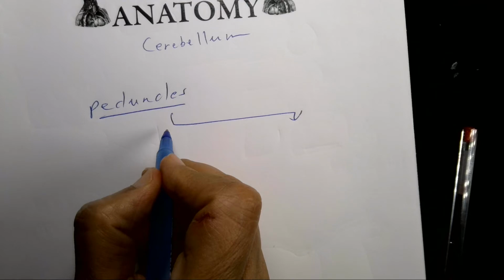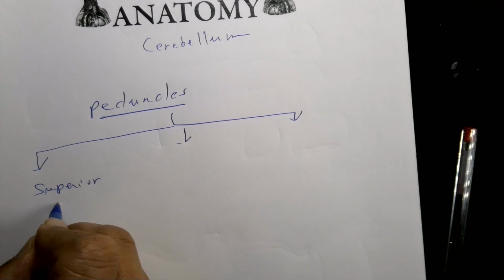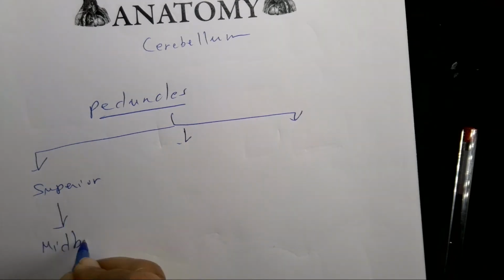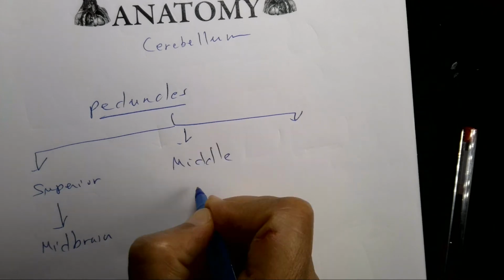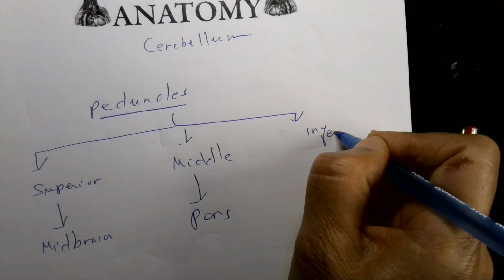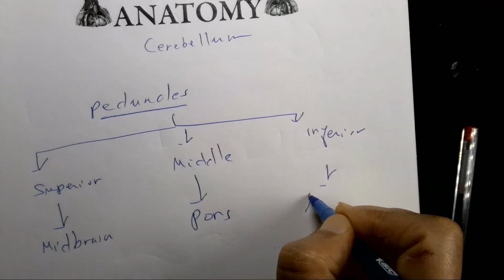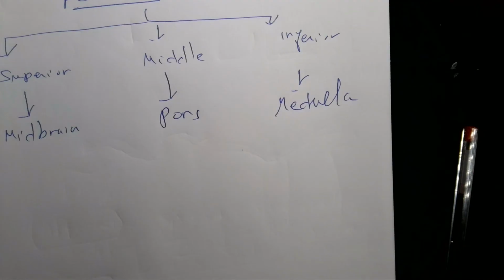The superior connects the cerebellum to what? To the midbrain. The middle connects the cerebellum to the pons. The inferior connects the cerebellum to the medulla. Okay, so those are the cerebellar peduncles.